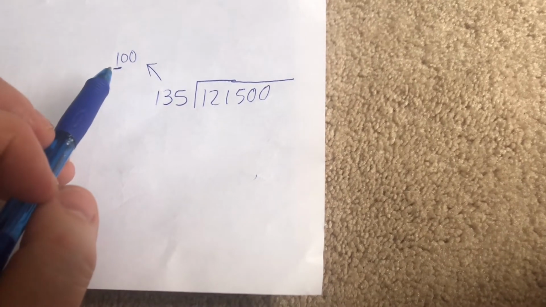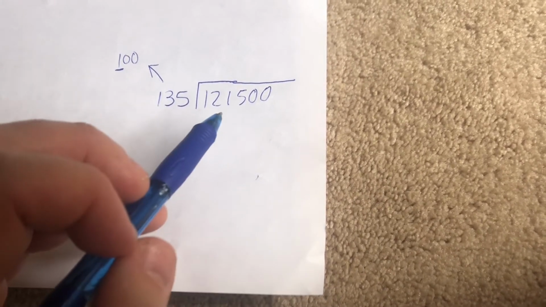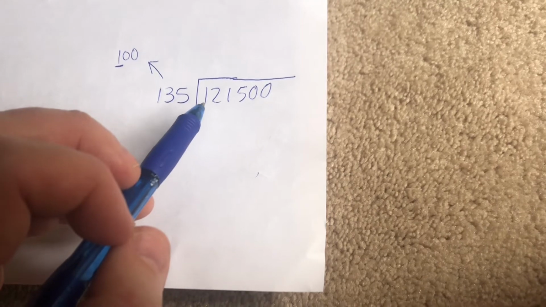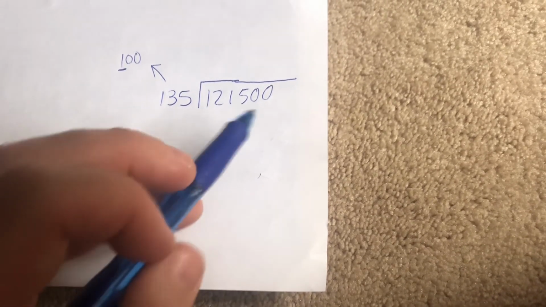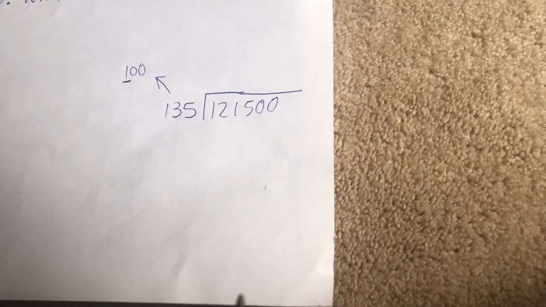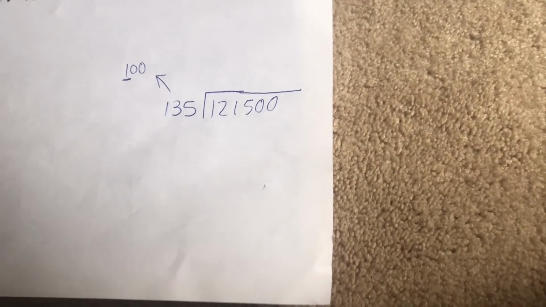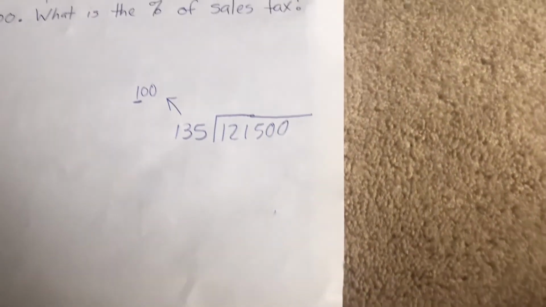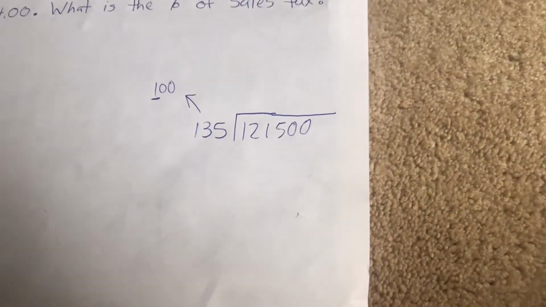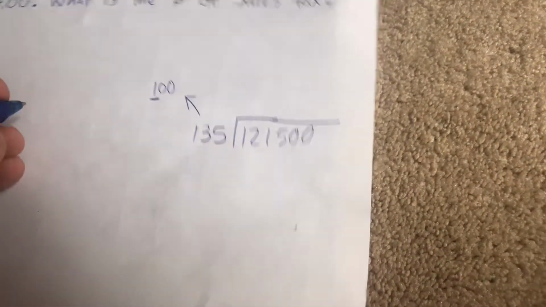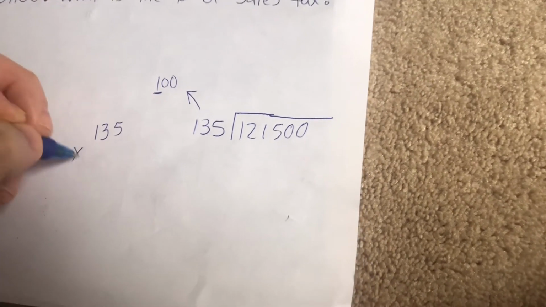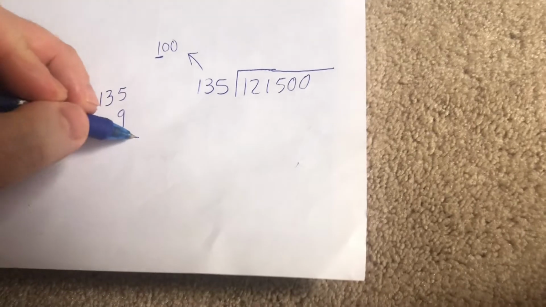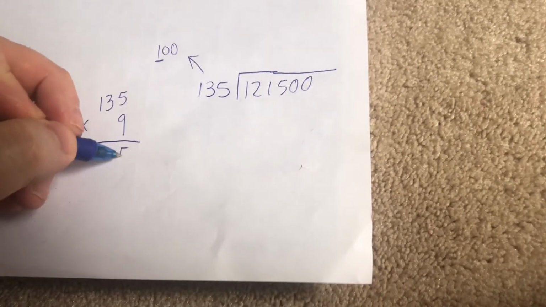But I'm thinking, the number of times that 1 can go into 12 would be the same number of times that 135 could go into 1,215. Well, I know that 1 can't go into 12, so 135 can't go into 1,215 12 times. I can't put a 12 up there. So I'm just going to try 135 times 9. 9 times 5 is 45.